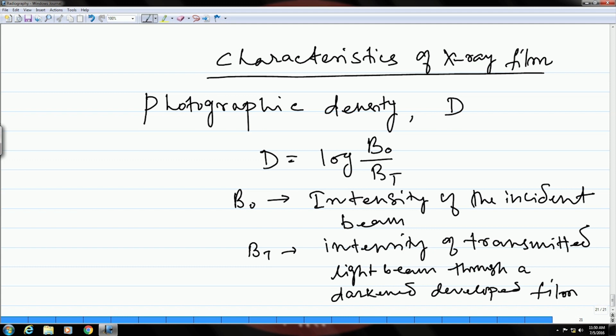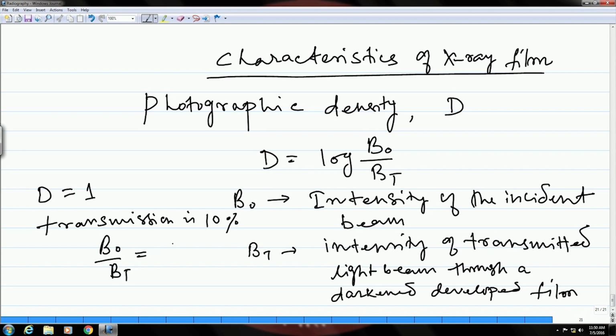For example, if you have D equal to 1, then this means that transmission is 10%. D equal to 1 means B naught by B t is 10, right.